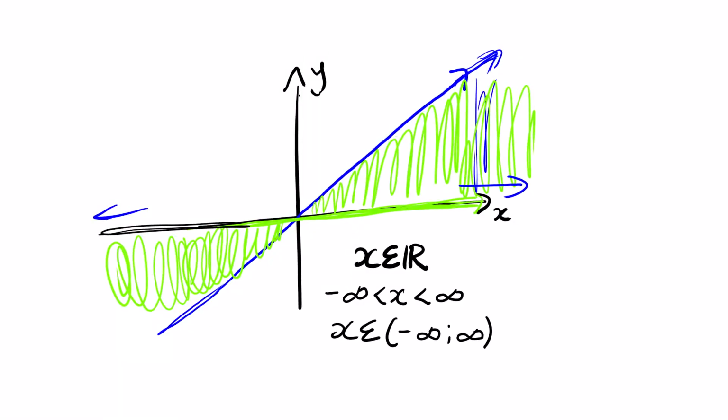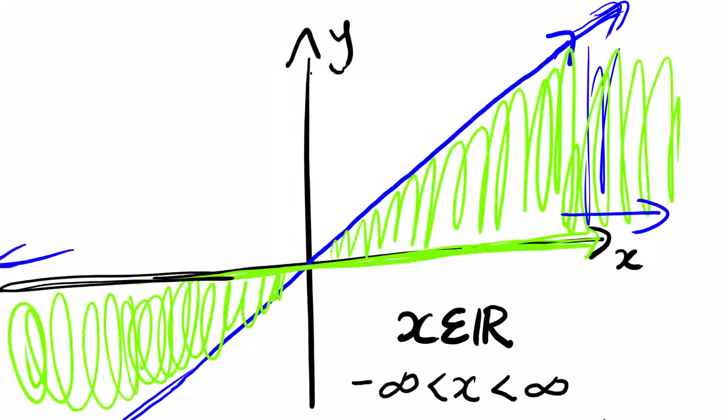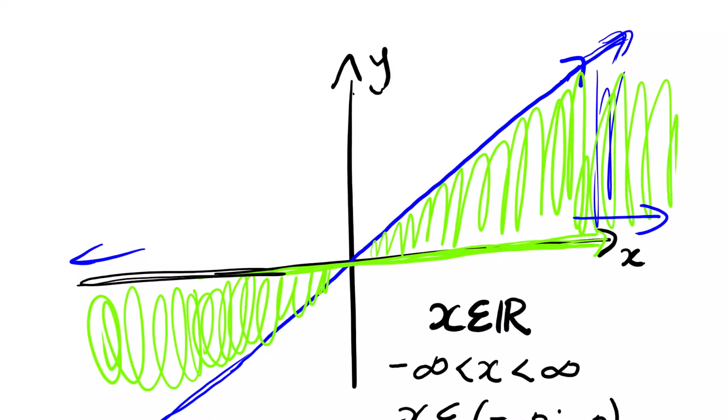Now let us quickly go to range. Range is the y-axis. We focus on the set of y values. So in order for us to see whether the graph is covering the y values or not, the graph can be either on the left hand side or the right.